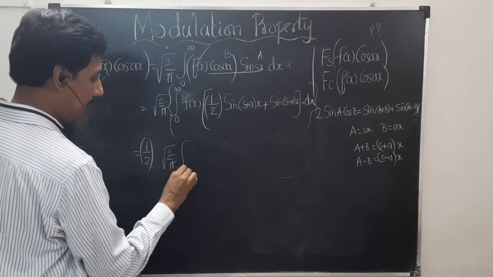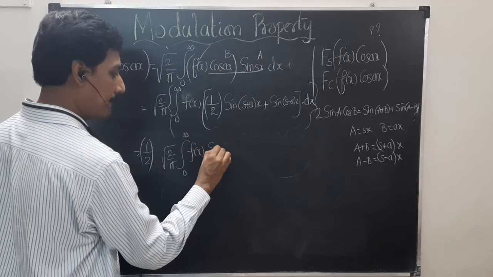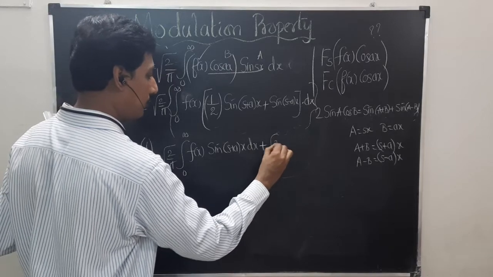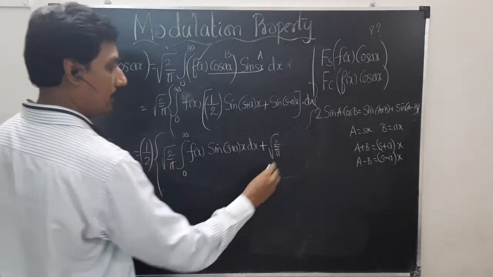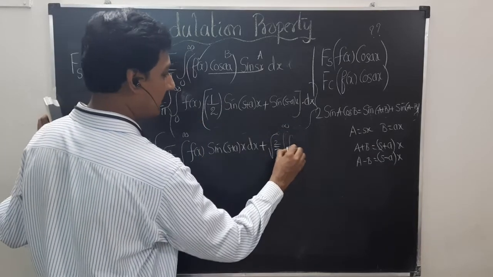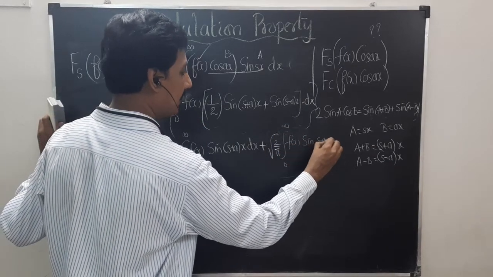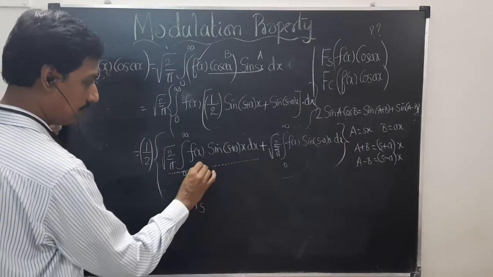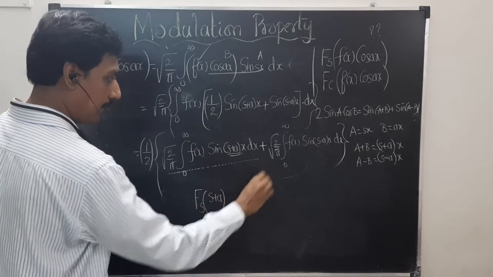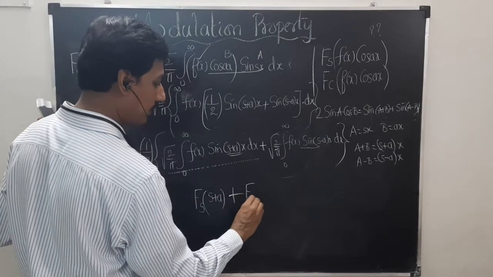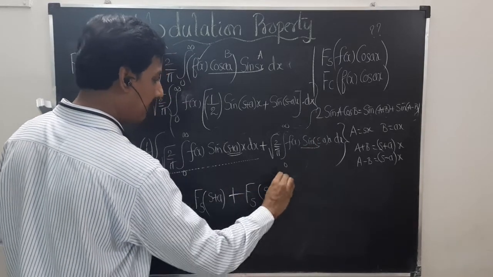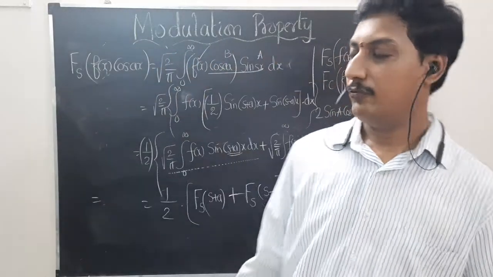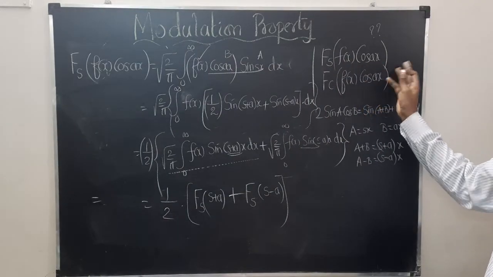So root 2 by pi integral 0 to infinity f of x sine of s plus a into x dx plus square root of 2 by pi integral 0 to infinity f of x sine of s minus a into x dx. This looks like the Fourier sine transform of s plus a, right? Plus the Fourier sine transform of s minus a. In front of that I have 1 by 2. So this is the modulation property for the Fourier sine transform of f of x into cos ax.